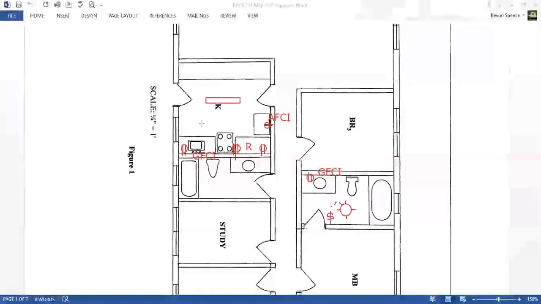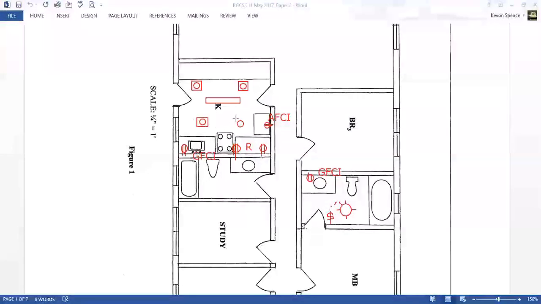In some upscale kitchens or modern kitchens, you'll find recessed lights, and these are the little circular lights that, to represent them, you would put them in a box, indicating that these lights are not protruding from the surface of the ceiling.